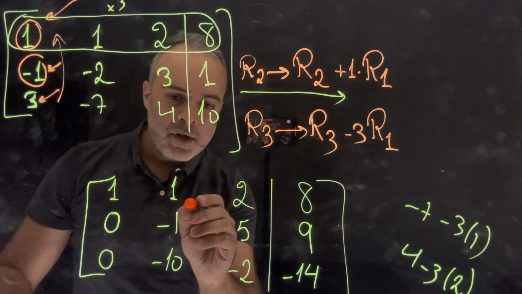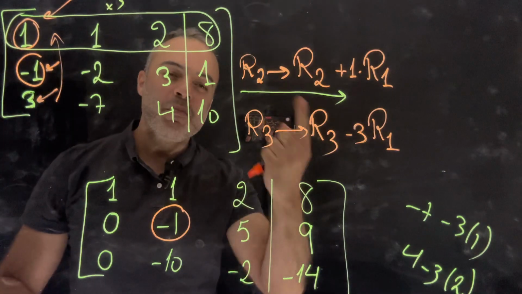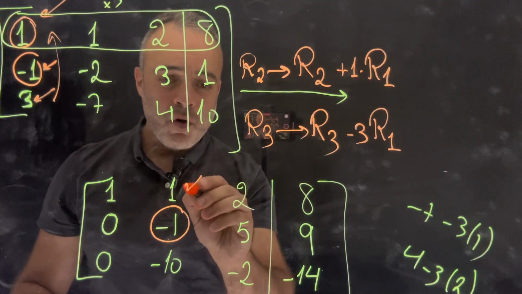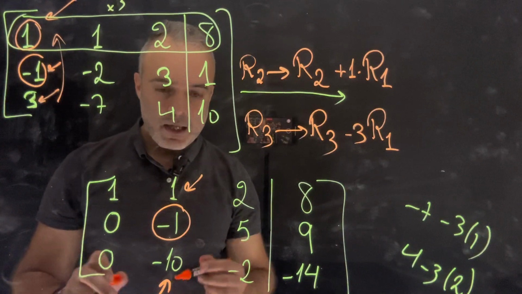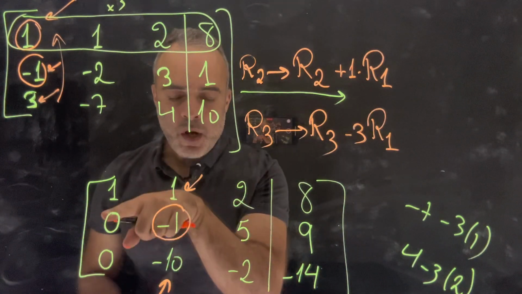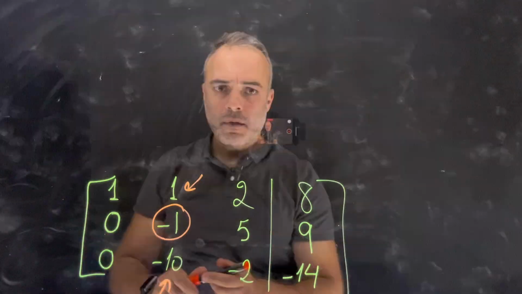Okay, what is next? Now we have to convert the leading entry in the second row into 1, and then repeat the same scenario. Convert all the remaining elements in the column into zeros. How do I convert this into 1? Well, it's -1. This means I simply multiply R2 by -1.